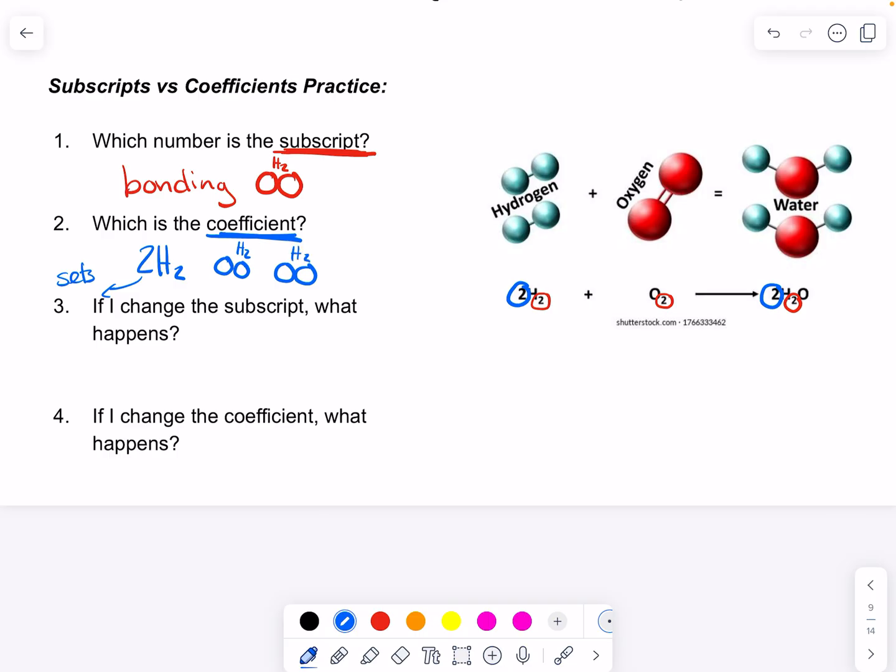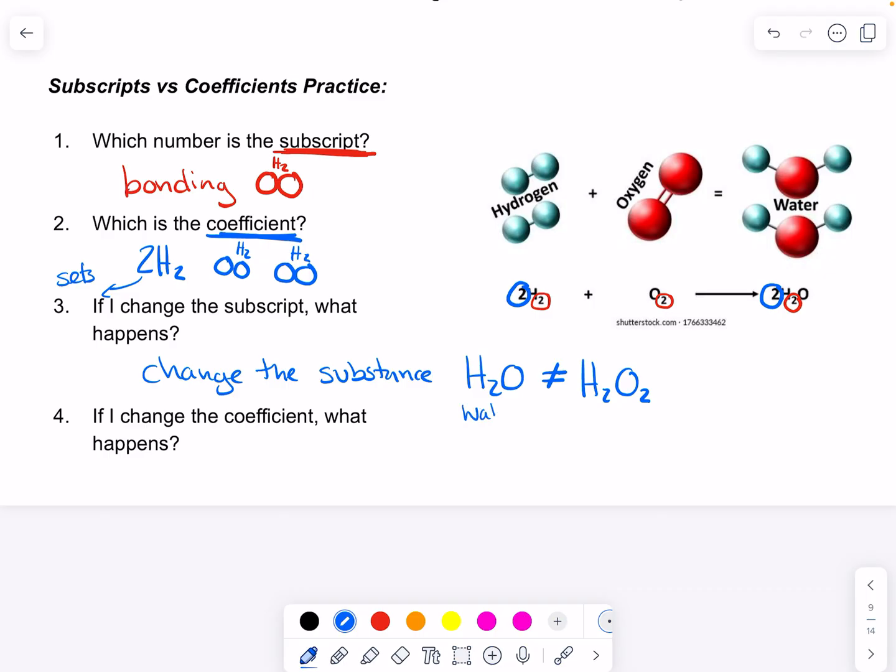So if you change the subscript, you change the substance, right? Like it's literally something new because you're saying it's bonded. My favorite example of this is H2O is not the same as H2O2, right? They're made of hydrogen and oxygen, but those subscripts make a difference.